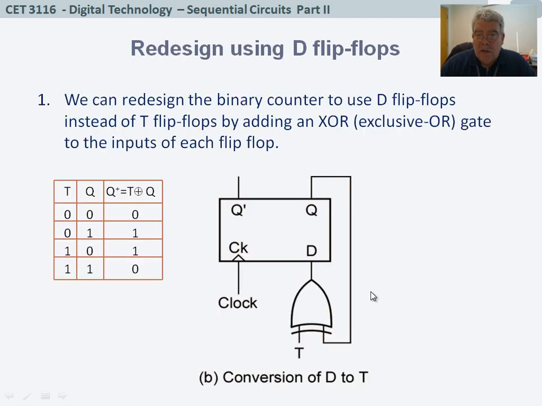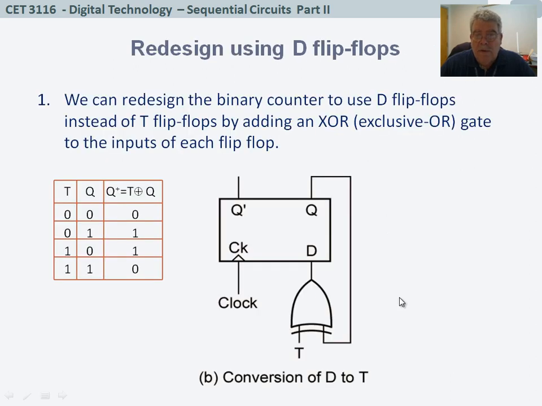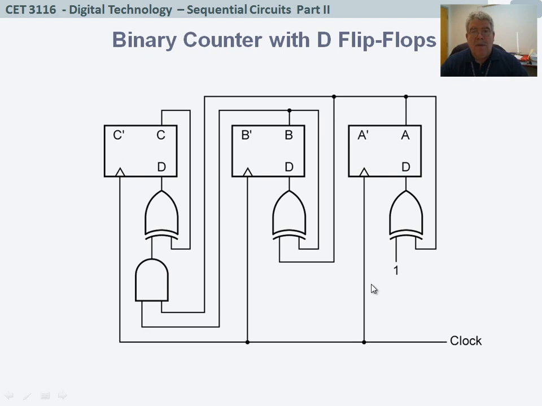This is our toggle flip-flop, and the inputs that we have before, we simply keep. Instead of having a toggle flip-flop, we have a D flip-flop with an XOR. All right? And connected just following this approach. And this is exactly what using D flip-flops is about.